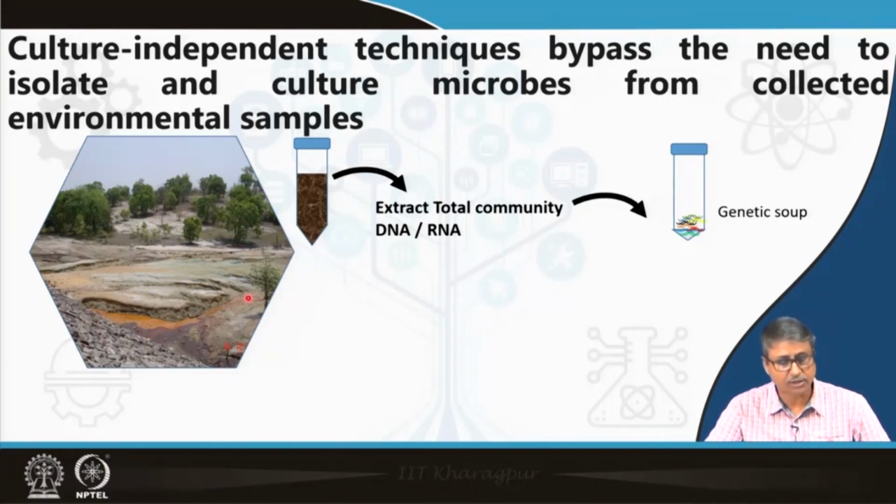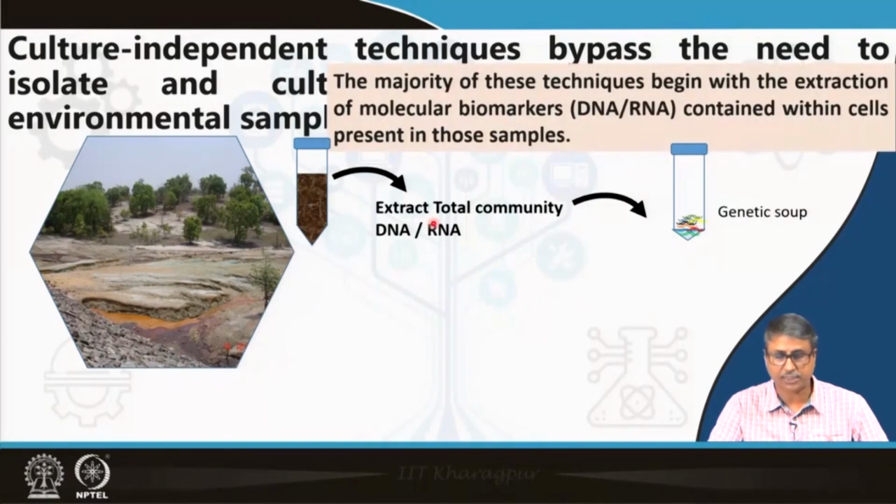So, what is actually done in this case is that we take the sample, then extract the total community DNA, and then this community DNA is subjected to a reaction called the PCR reaction. Now, as we possibly discussed earlier, almost all of these culture independent techniques begin with the extraction of the DNA, because the DNA is the molecular biomarker.